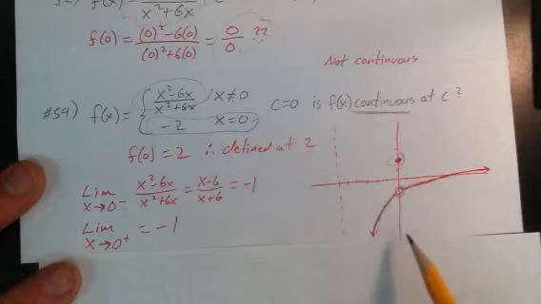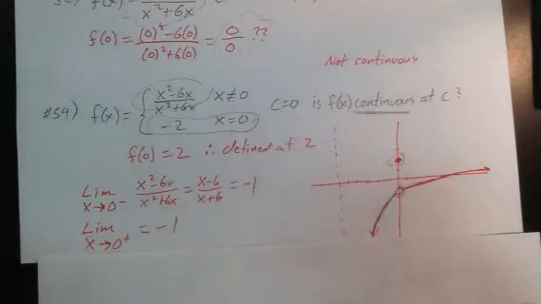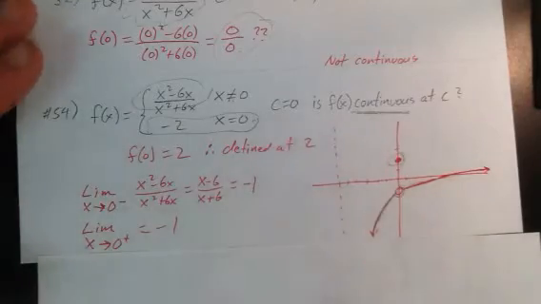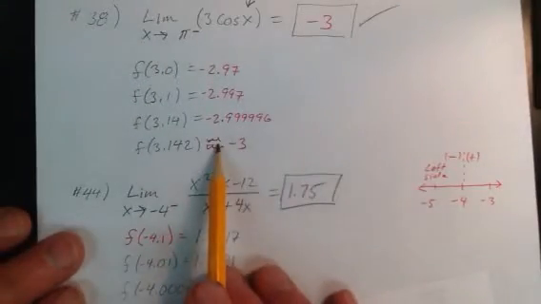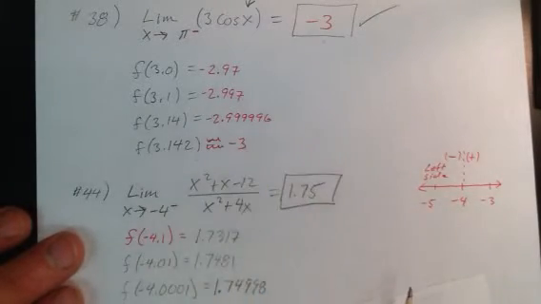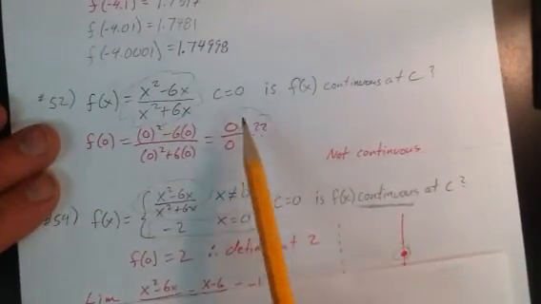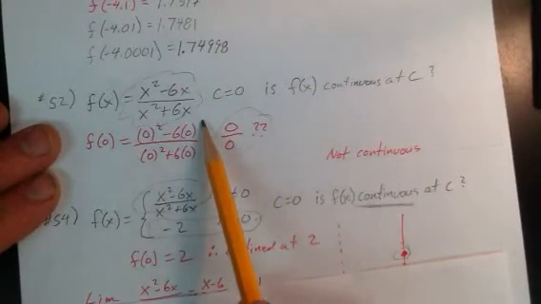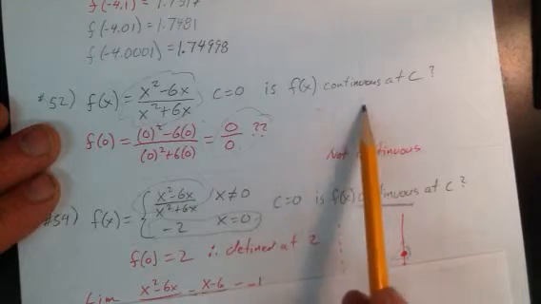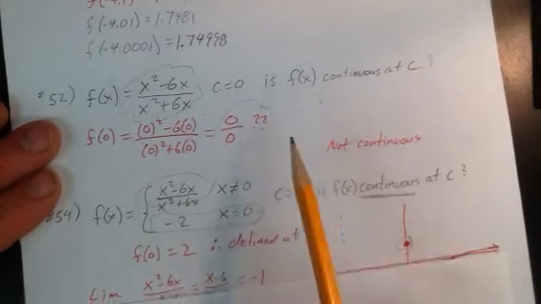So what's the whole point here? The whole point is you have to look at all of our different techniques. Some of it's just as easy as plugging in and evaluating on both sides of the limit to see if it converges to some sort of number. In other ones, we have to look at our discontinuities, what kind of discontinuities they are.